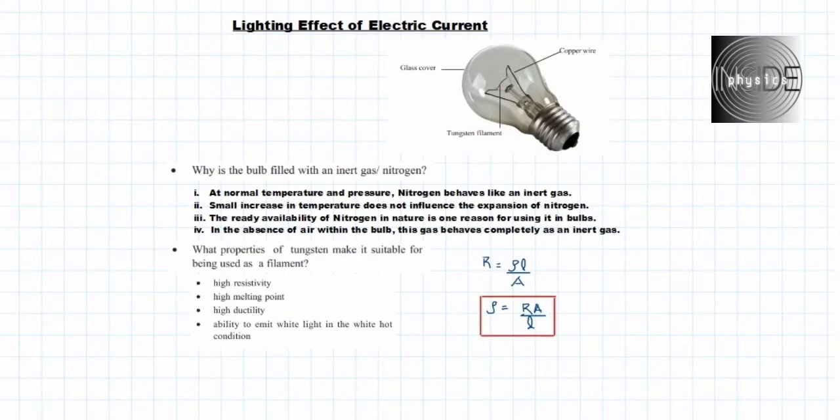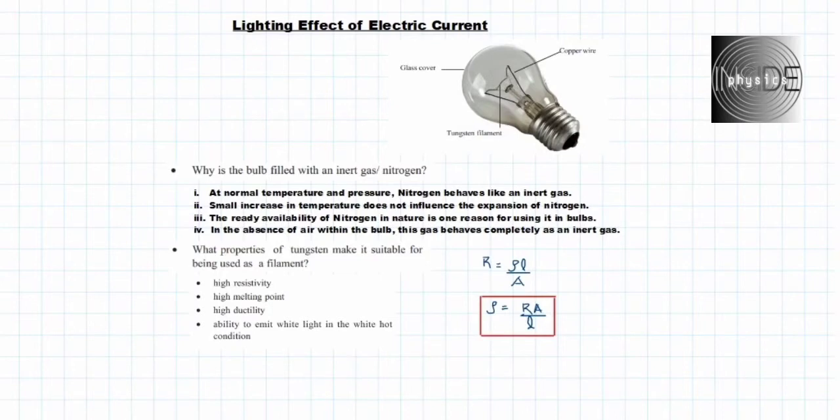In our earlier classes, we have seen nichrome. What is the difference between nichrome and tungsten? Tungsten emits white light in the white hot condition, but nichrome, as we saw in the earlier class, becomes red hot. So we are using a tungsten filament as the filament in the incandescent lamp.